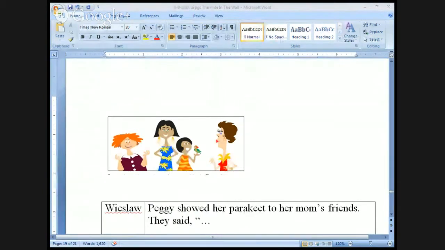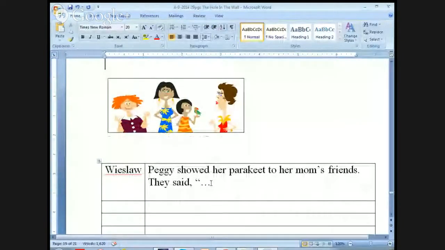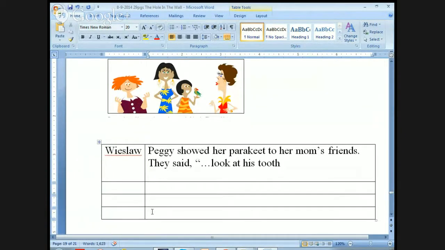Ready? 1, 2, 3. Peggy showed her parakeet to her mom's friends. They said, "Look at his tooth. The one tooth have a big hole. What we can do it?" They go to the store and bought one filler to fix the hole in the tooth.